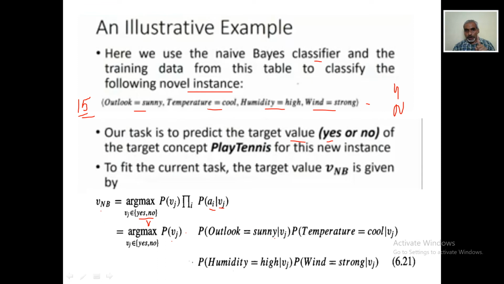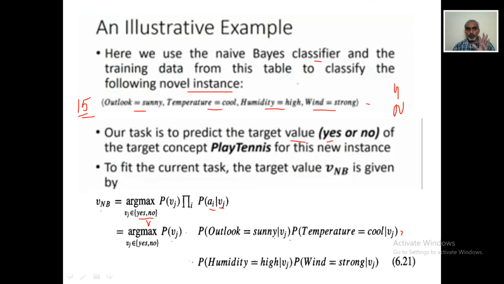What is A2? Temperature is equal to cool, so probability of temperature equal to cool given Vj, multiplied with the third attribute, probability of humidity equal to high given Vj, and probability of wind equal to strong given Vj. I think it is very clear, right?